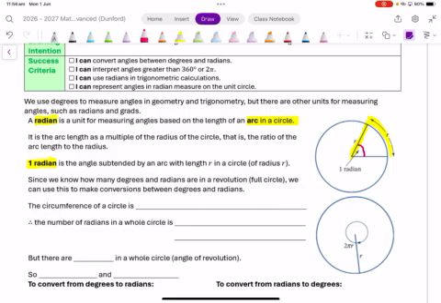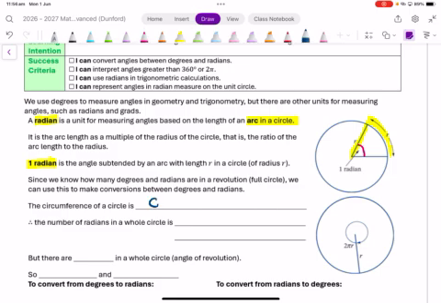Okay, we know how many degrees and radians are in a full revolution. So what we have is that we know that there's 360 degrees in a full revolution, so that can help us find out how many radians there are. So the circumference of a circle is, how do we find the circumference of a circle?